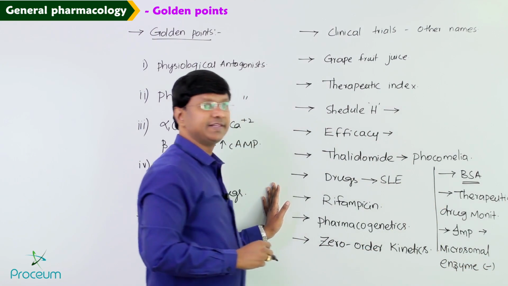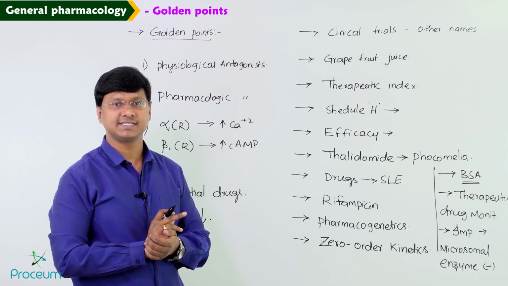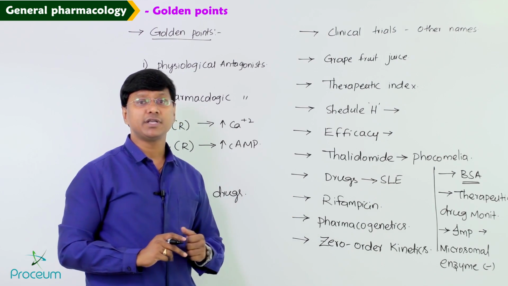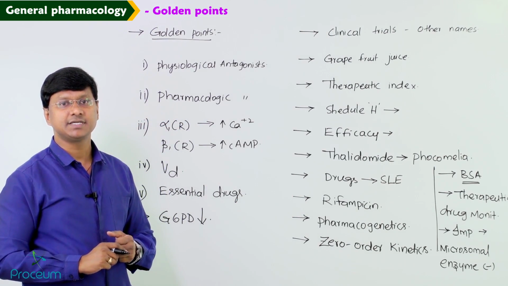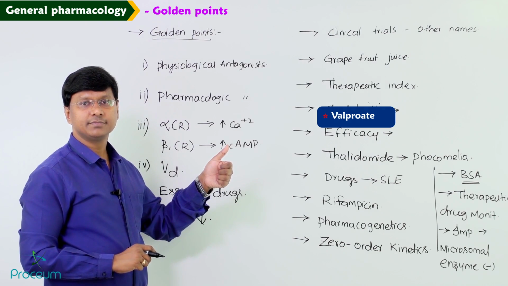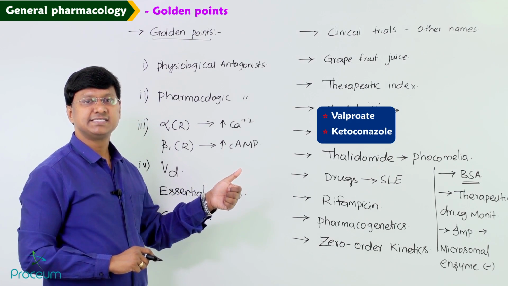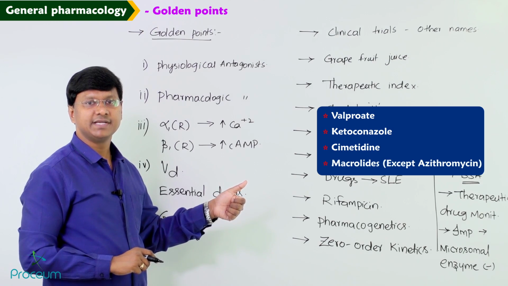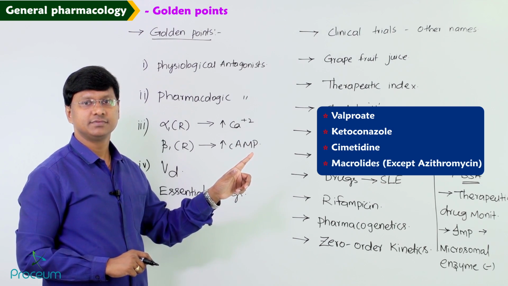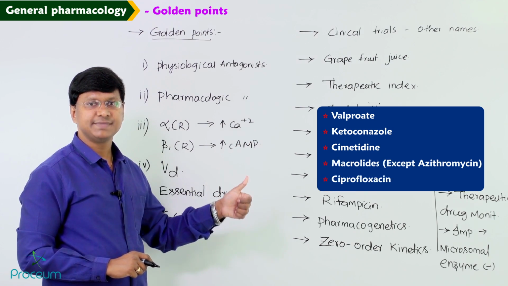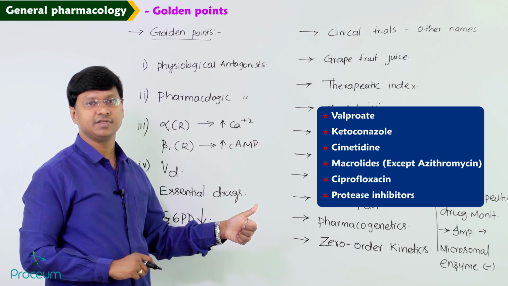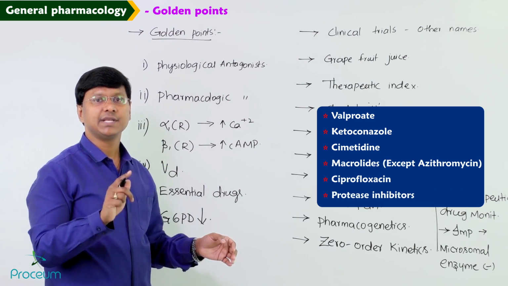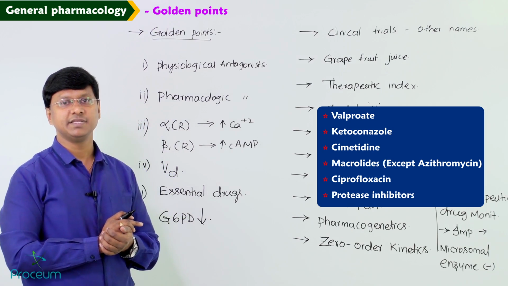They are valproate, ketoconazole, cimetidine, macrolides except azithromycin, and the other group ciprofloxacin and protease inhibitors. So all these are your important microsomal enzyme inhibitors.